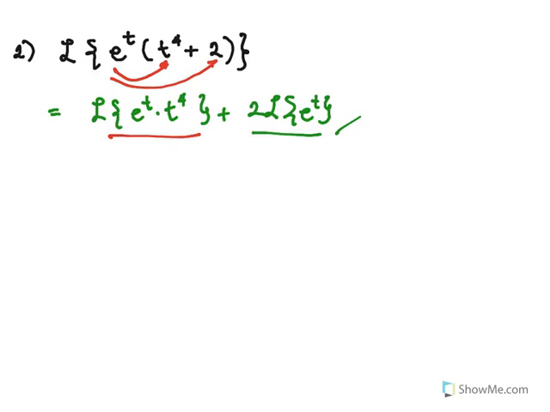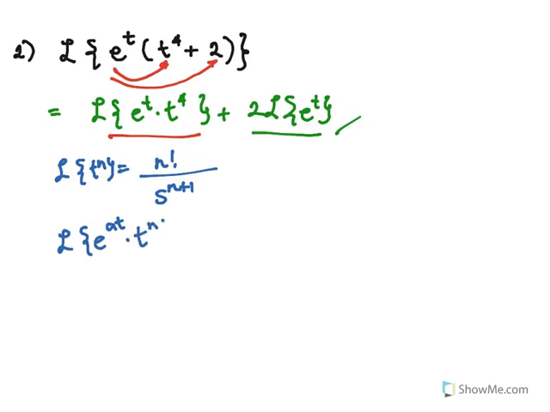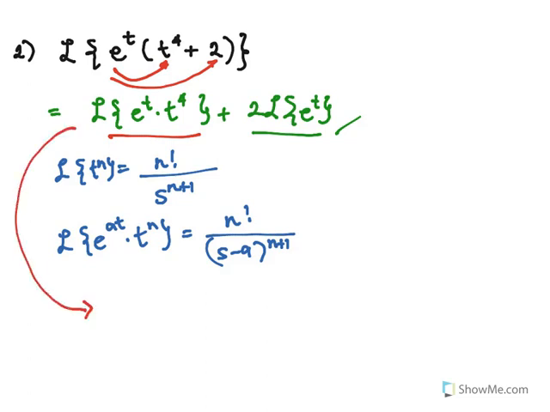Recall that the Laplace transform of t to the n is n factorial over s raised to n plus 1. So if you have Laplace of e to the at times t raised to n, this is of the form n factorial over s minus a raised to n plus 1. Here, for e to the t times t to the fourth, your a is positive 1, and your n is 4.